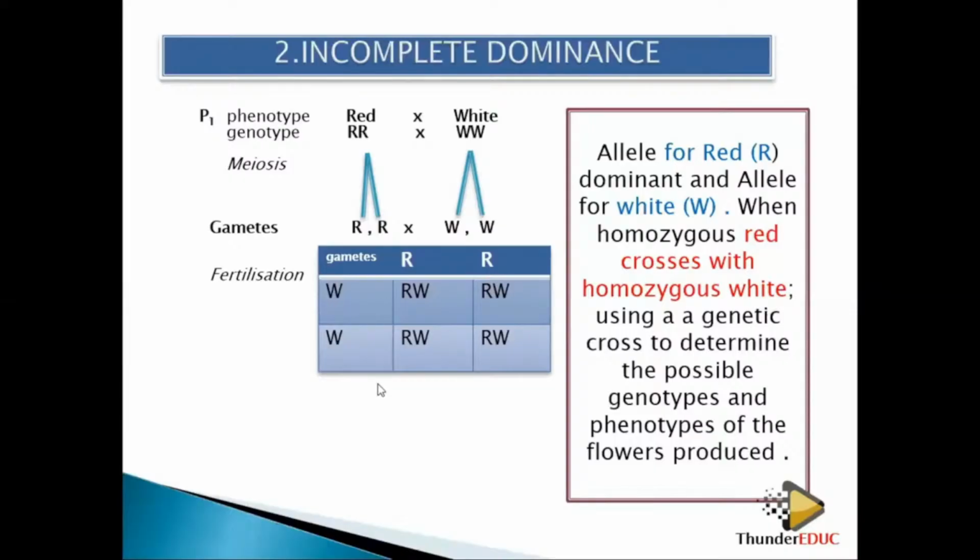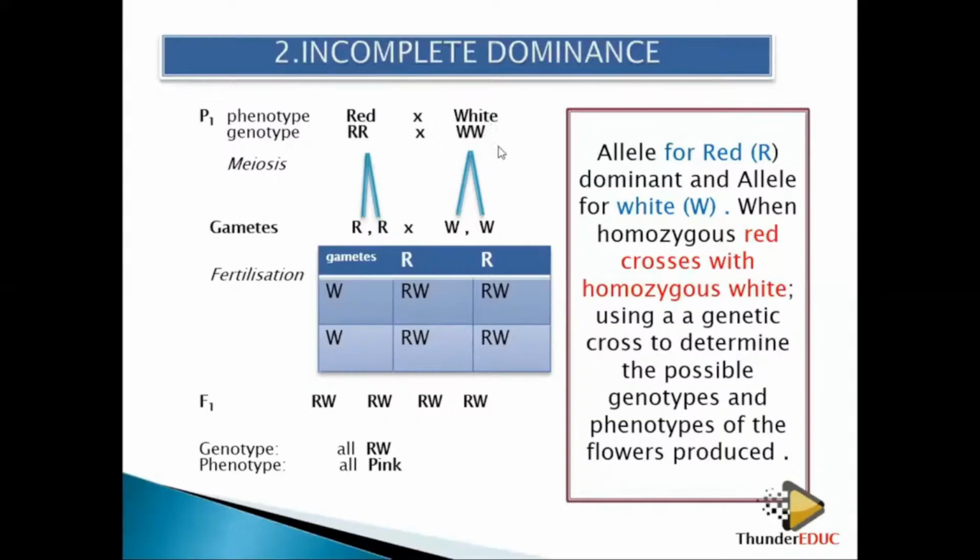Or you can bring these ones here and then bring these W's on top. Either way, it's correct. And then in the F1 generation, all of them are capital R, small w. So the genotype, all of them is capital R, small w. And then the phenotype, which kind of phenotype is this? Capital R, small w. If you go back here, it's not red, it's not white.